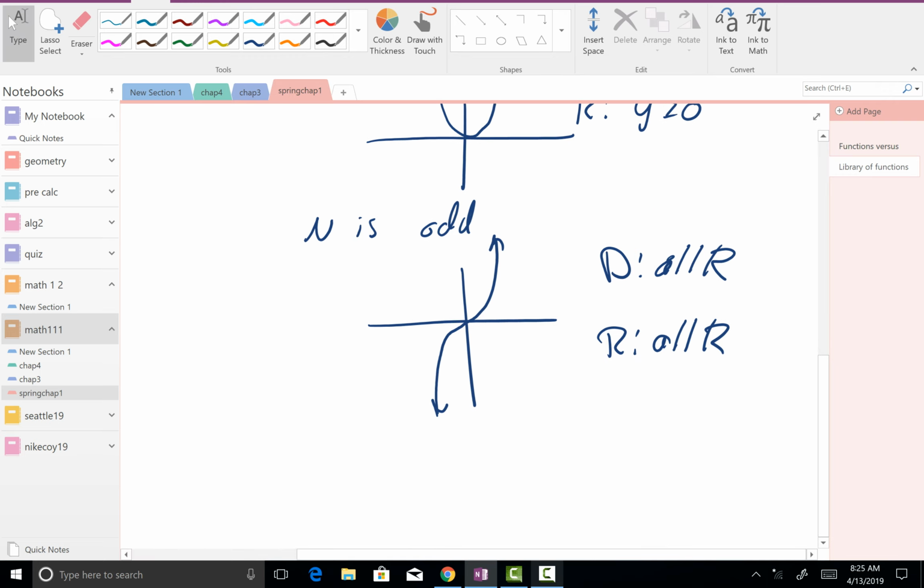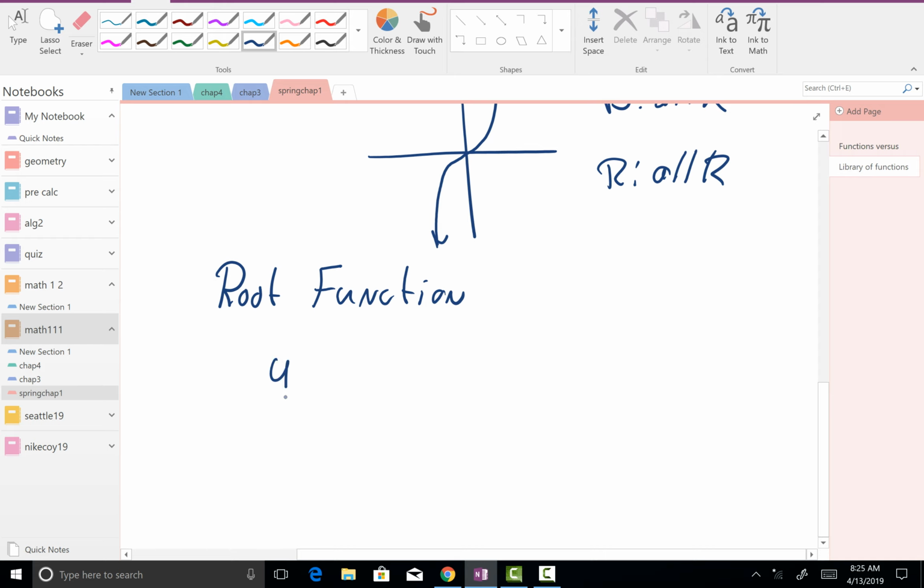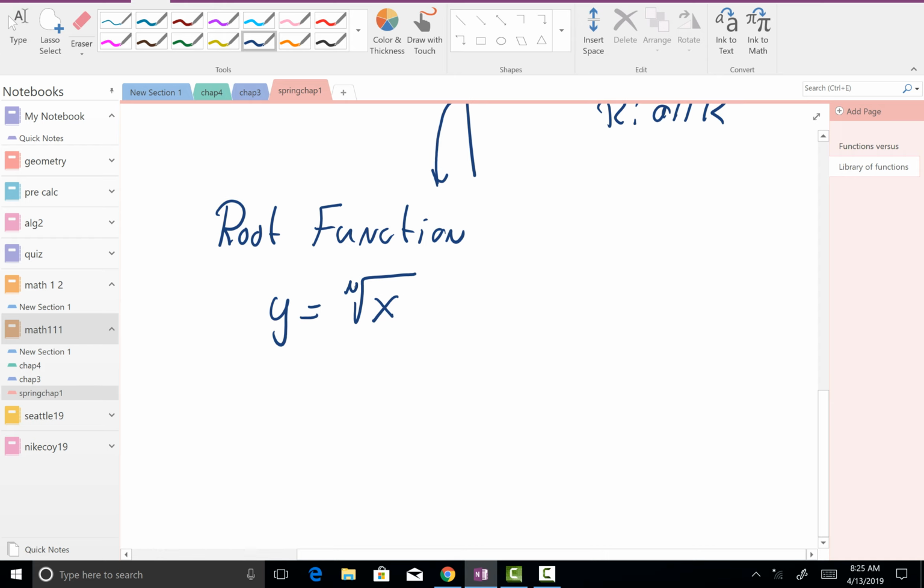Back to this. These are also considered powers, but I'm just going to call them roots. There's a square root where that's even, and then there are odd roots. So let's explore those. We'll go back to this again and do the same type of thing.